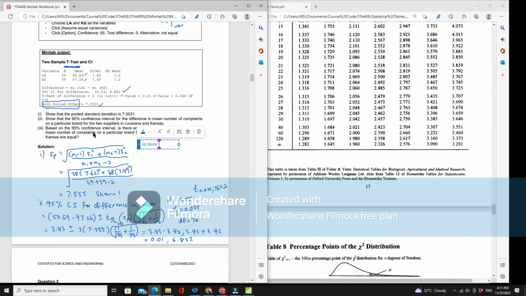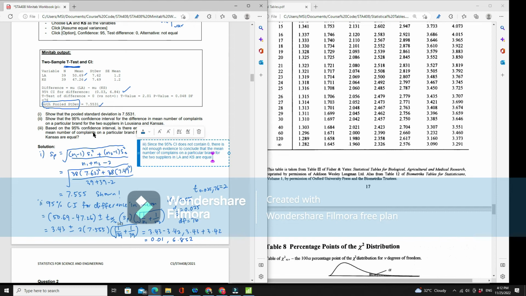Since the 95% confidence interval does not contain 0, there is not enough evidence to conclude that the mean number of complaints on a particular brand for the two suppliers in LA and Kansas are equal.